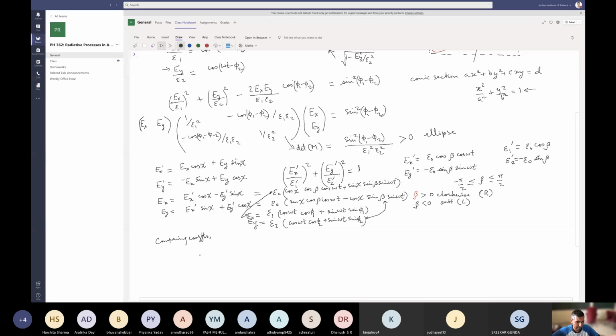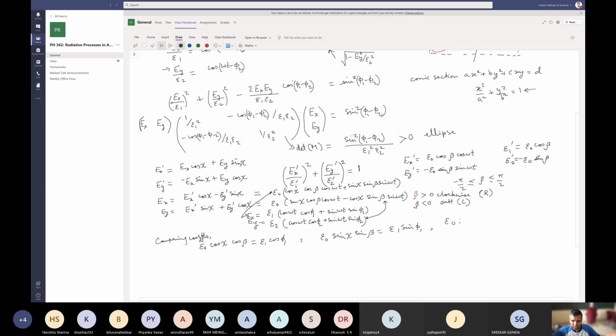We get epsilon naught cos chi cos beta is equal to epsilon 1 cos phi 1, epsilon naught sine chi sine beta is equal to epsilon 1 sine phi 1. What else?